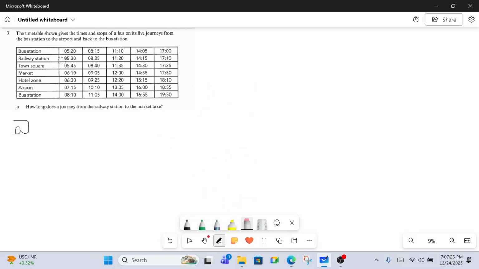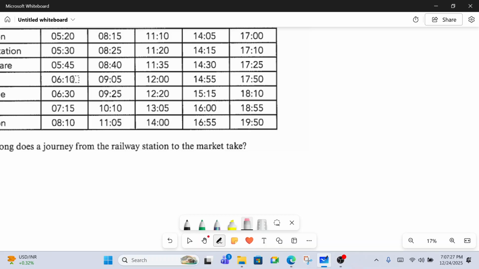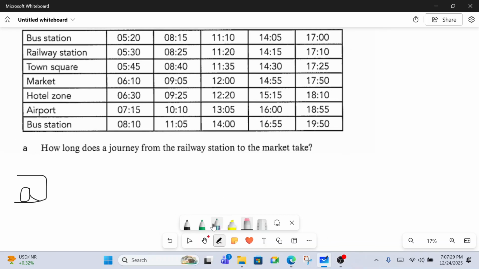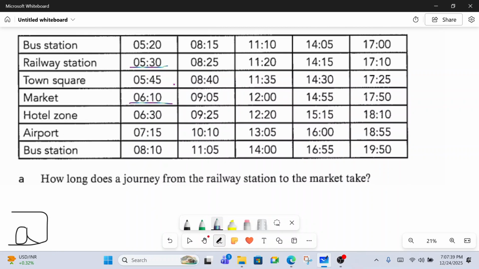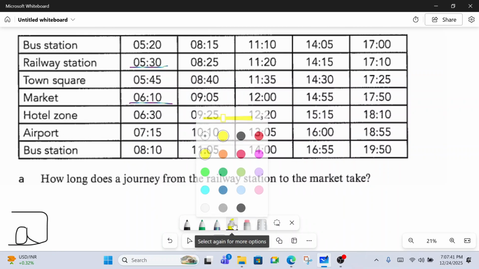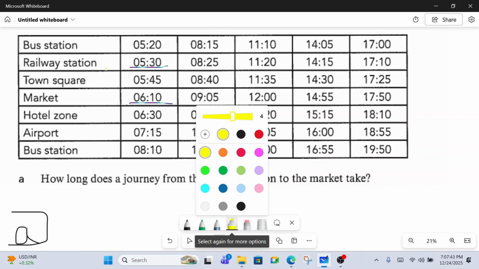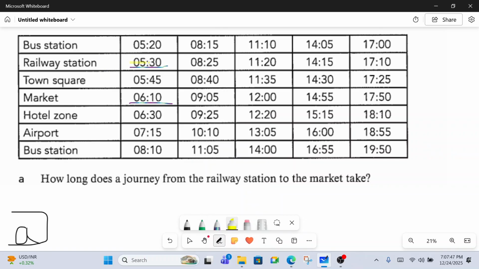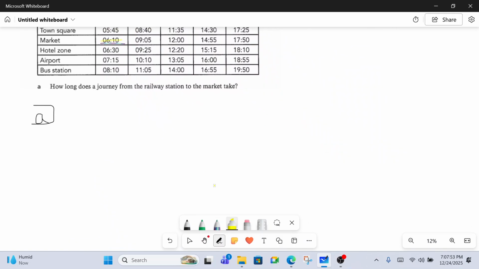Okay, so railway is this one over here, and market is over here. Actually, let me just highlight it. That'd be better. So this is the railway, and this is market. These are the times that we're going to be assigning.